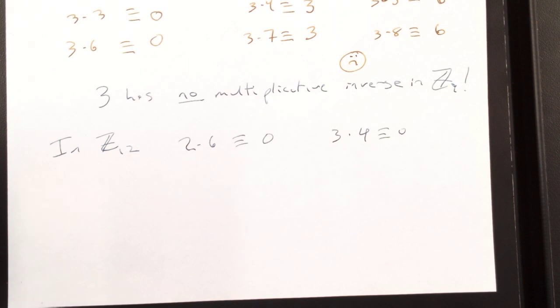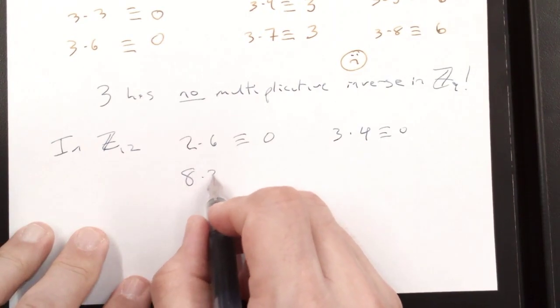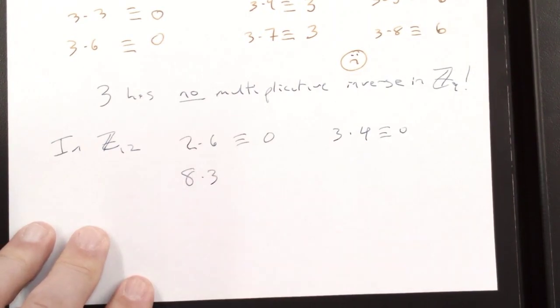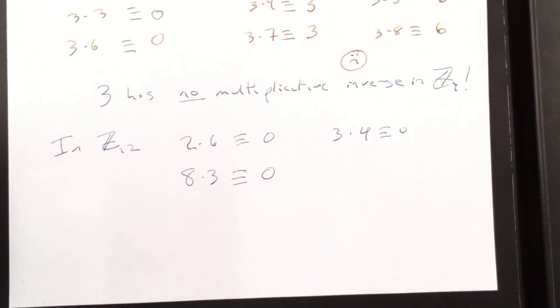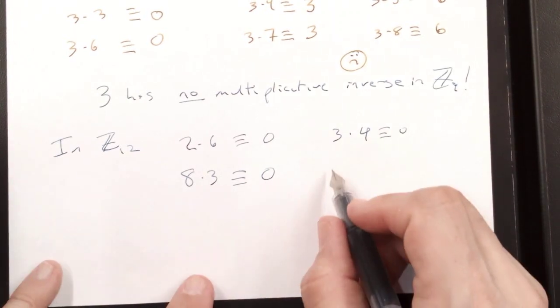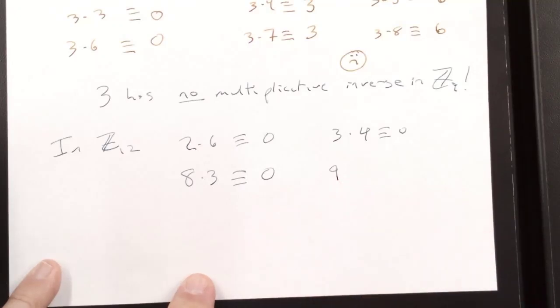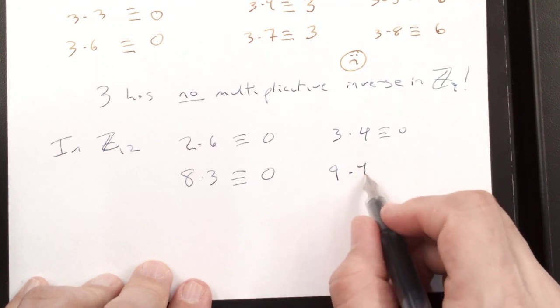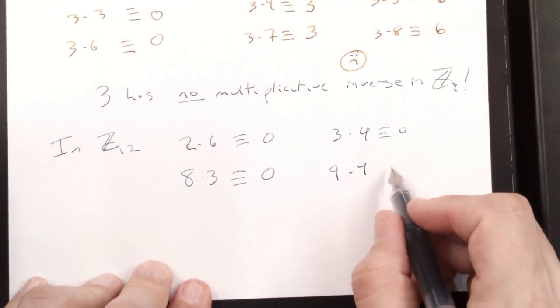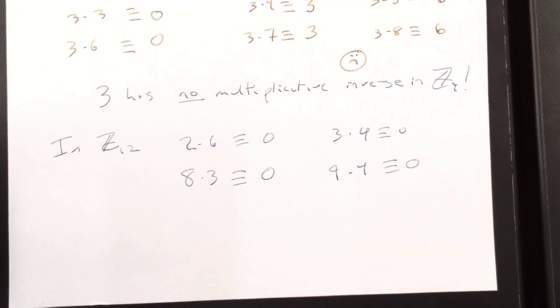8 times 3 is 24. 24 is 2 12s with nothing left over. Wait a minute. 9 times 4 is 36, which is 3 12s with nothing left over.